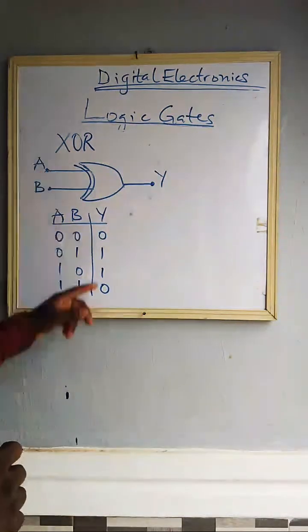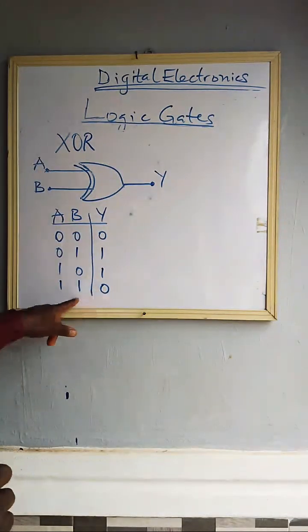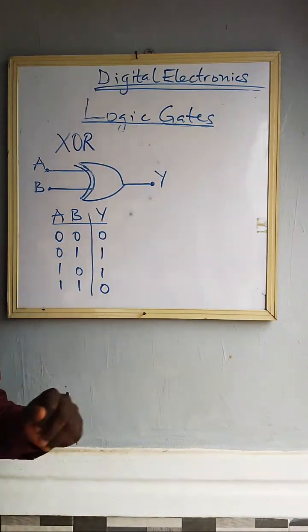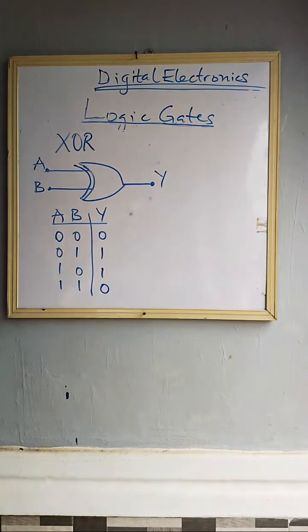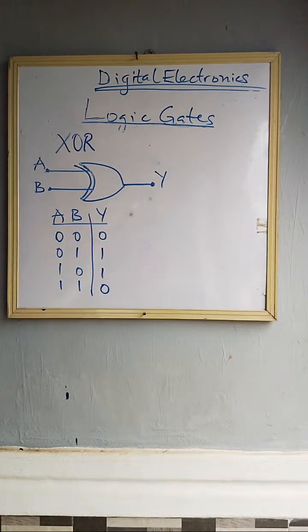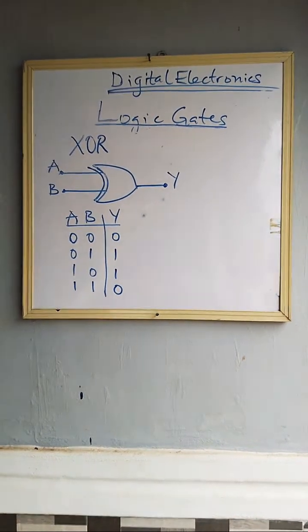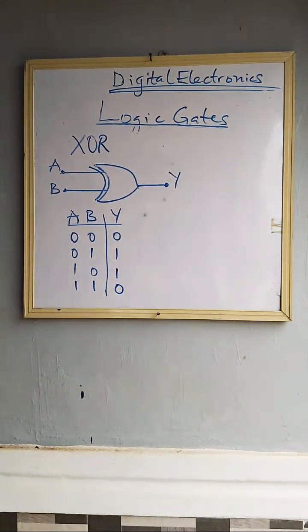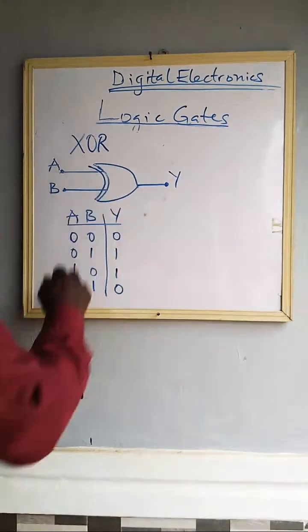In the ordinary OR gate, we have a high when both of them are high. But the XOR is not like that. All right. Okay, so this is the XOR gate.